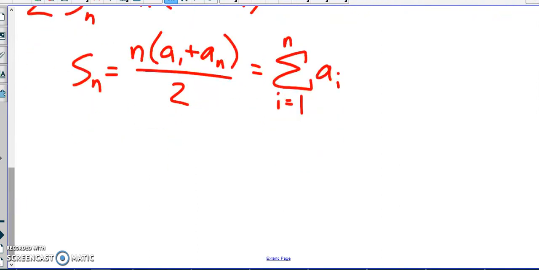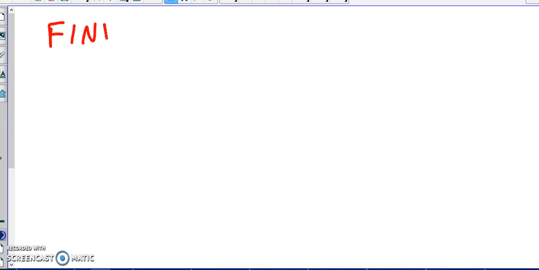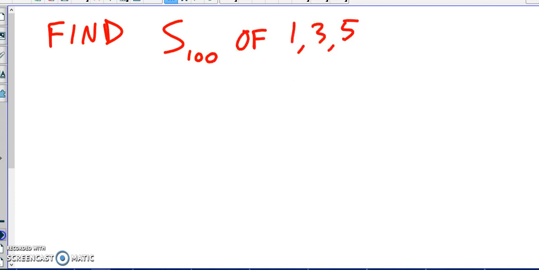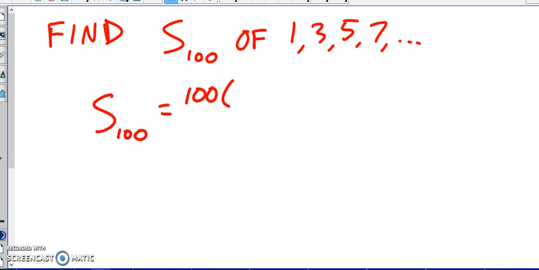All right. Find the sum of the first 100 terms. So I want to find S100 of 1, 3, 5, 7, etc. So I know my formula for S100 would be 100 times A1 plus A100 divided by 2.